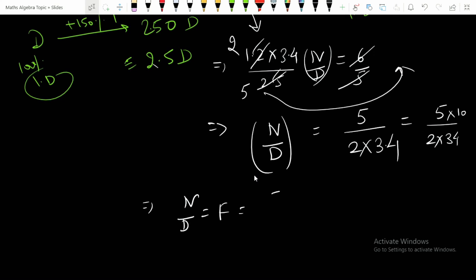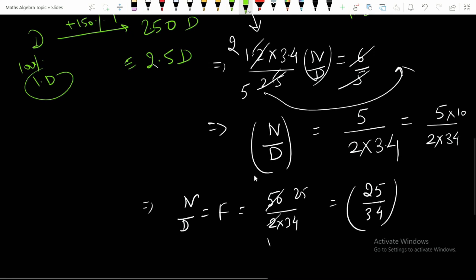So 50 by 2 into 34. If we divide by 2, it becomes 25 by 34. So this is your original fraction.